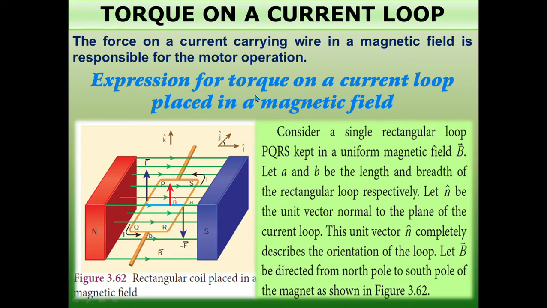Expression for torque on a current loop placed in a magnetic field. This is the current loop placed in between the magnetic field. Consider a single rectangular loop PQRS kept in a uniform magnetic field. This is the uniform magnetic field, represented by B vector.